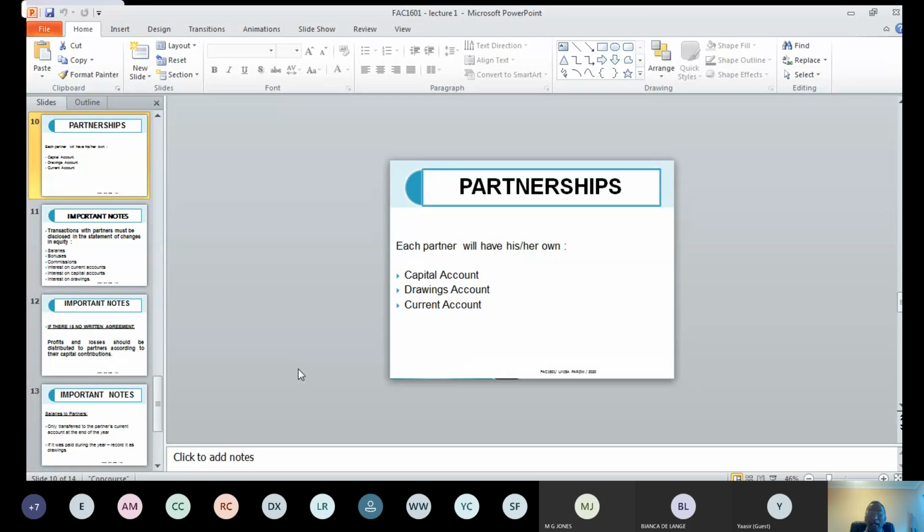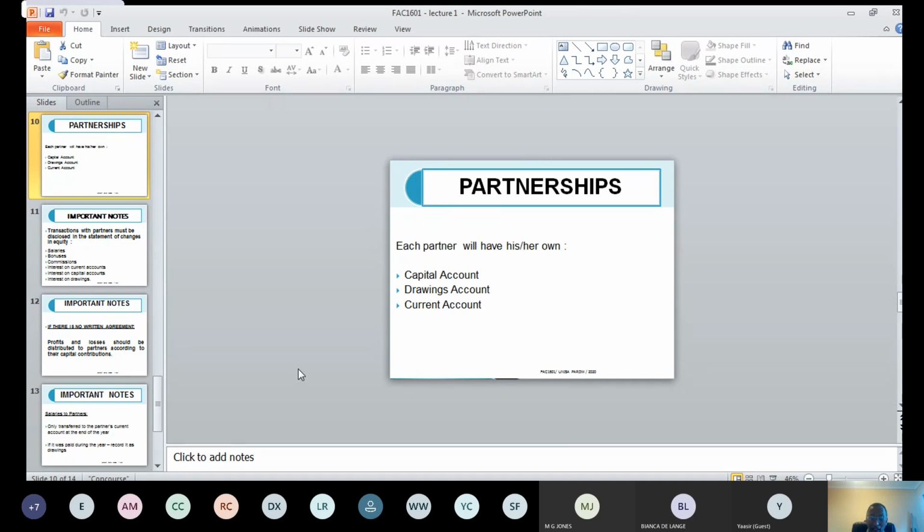So there will be a ledger account called drawings partner A, drawings partner B, drawings partner C. And then, of course, each partner will also have his or her own current account.